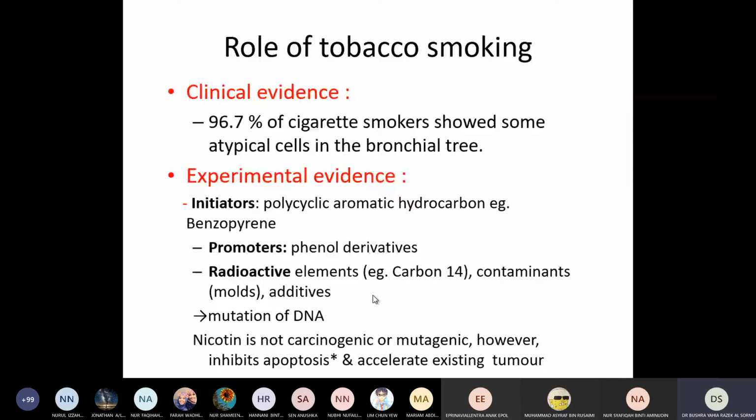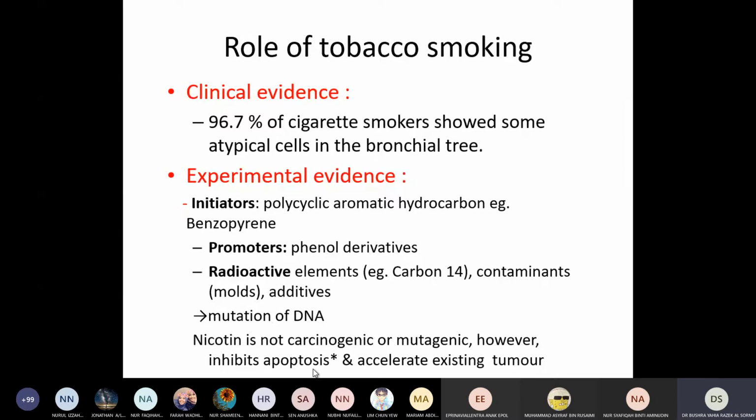Okay, nicotine is not a carcinogen, you know. Many people think that nicotine is the carcinogenic part. No, it is considered addictive. It causes addiction to the cigarette smoke.